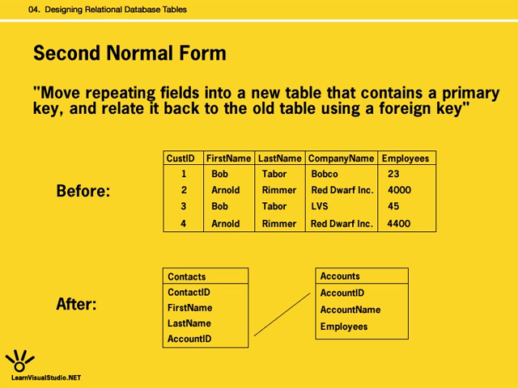The same is true for Red Dwarf Incorporated. As an account, if the number of employees changes as our salespeople are going through and updating information about this particular account, then we know that we have the data saved in one place, in one record, and we don't have to do some forensics to figure out which version of the data is most accurate, latest, and most pertinent to our particular query.